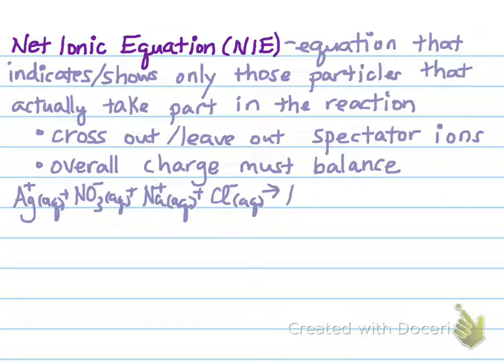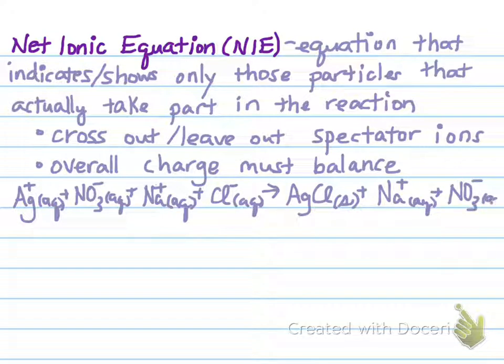That produced our silver chloride, which we didn't break apart because it was a solid, but we had our sodium ion and our nitrate ion. And we said that our spectators were the sodium ion, the nitrate ion and the sodium ion.